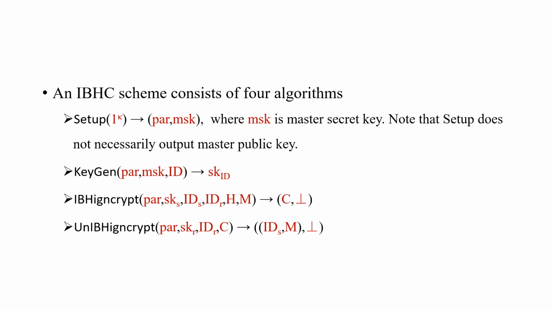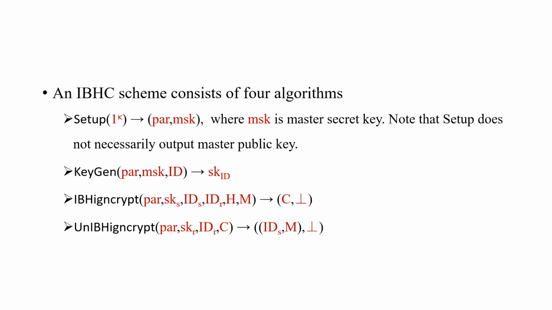On system parameter, the secret key and the identity of the sender, and also the receiver's identity, the message M, and some associated data H, the IB-HIGHcrypt algorithm outputs the ciphertext C, or a special symbol denoting abort.